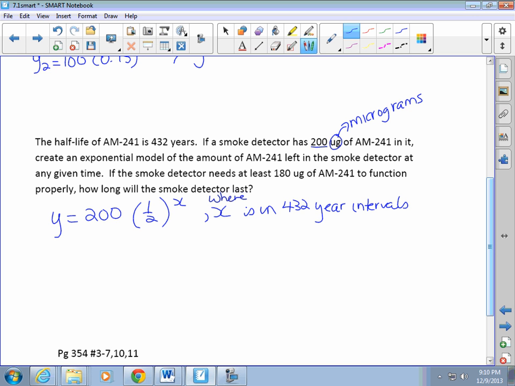So the other way to write this is in yearly increments. y is equal to 200 times 1/2 to the x over 432, where x is in 1-year intervals. Okay, so in the second part of this question, they've given us that y value.